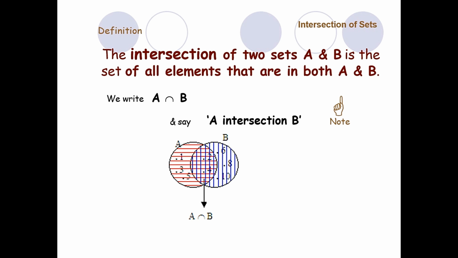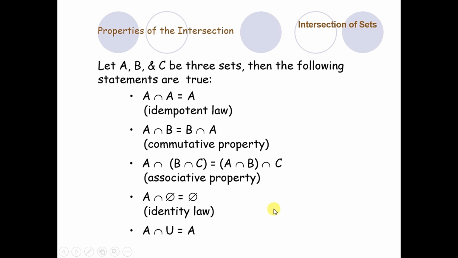For more emphasis, we have here the given two sets, set A and set B. If we are talking about intersection, we are just looking at the similar part where set A and set B intersect. As we can see, there are two elements here that are both in A and B. So A ∩ B is equal to 2 and 4. That's it, 2 and 4 only in this given figure.